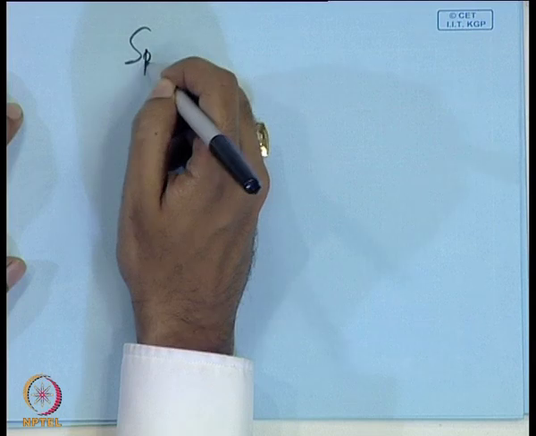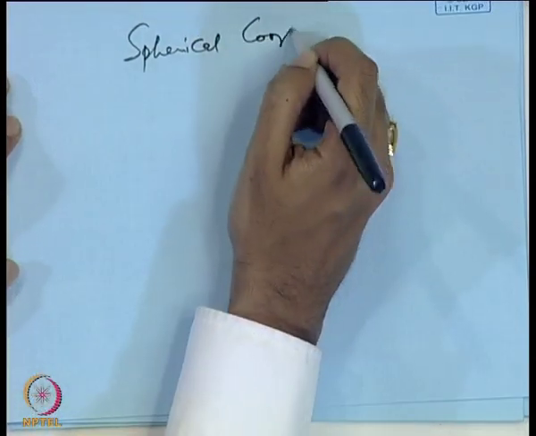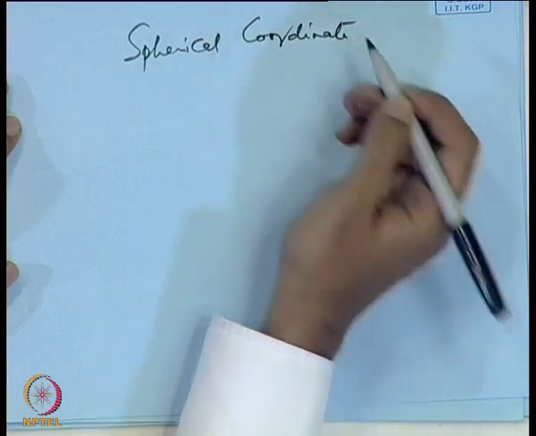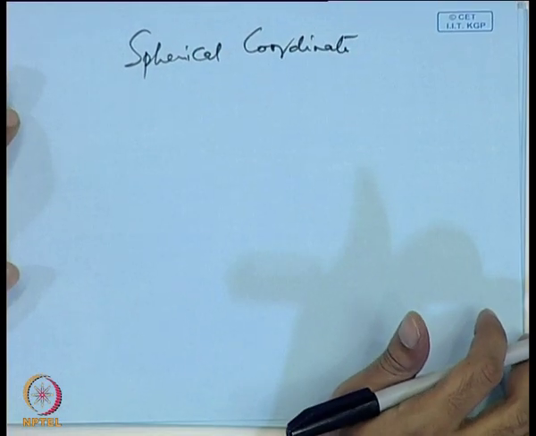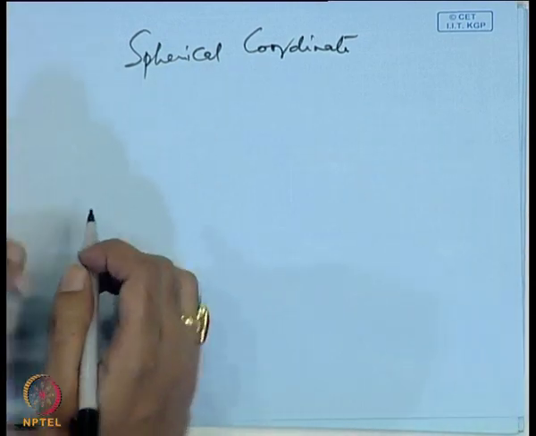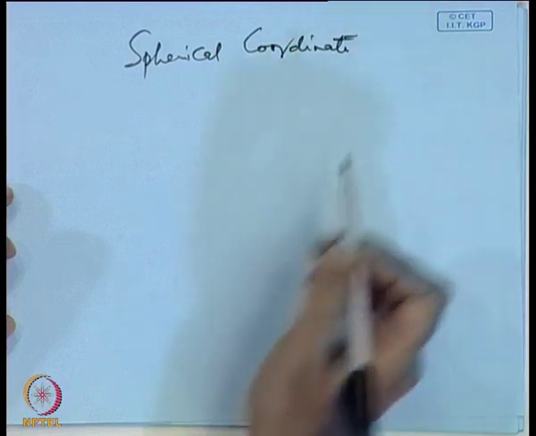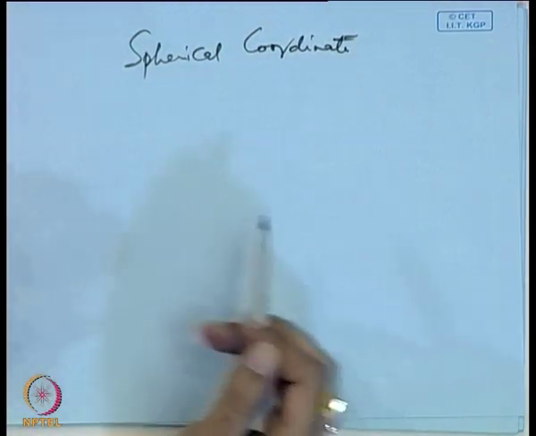Fine. In the spherical coordinate, we typically do not have 2D, we have either 1D or 3D, because if it is asymmetric, it is asymmetric in both the azimuthal directions typically, and if it is symmetric, you have only r. Is it clear? So in the spherical coordinate, if it is symmetric you only have r, and if it is asymmetric, then you have r, theta and phi, all three.